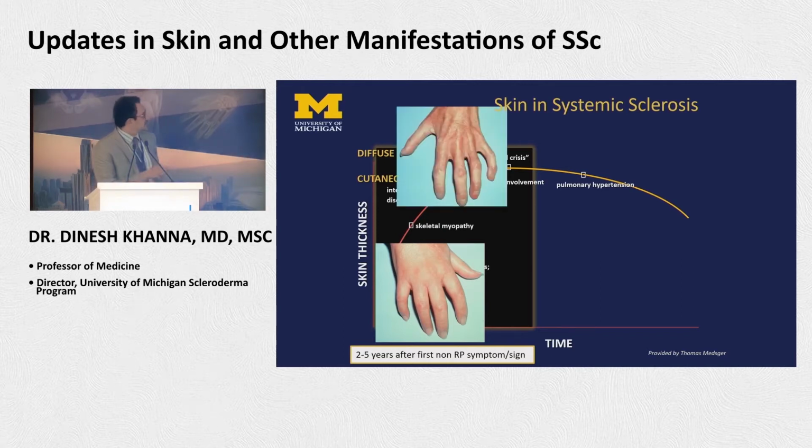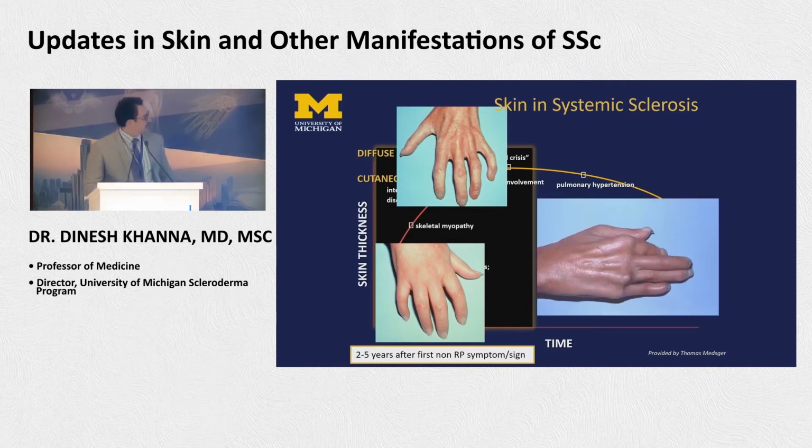The classical fibrotic disease lasts for about 1 to 3 years. The skin fibrosis starts to get worse, and over time, the skin gets fibrotic, and then it gets atrophic. And a classical patient has a little bit of claw hand deformity and thinning of the skin. This is the natural history of systemic sclerosis. Who do you treat and how do you treat?